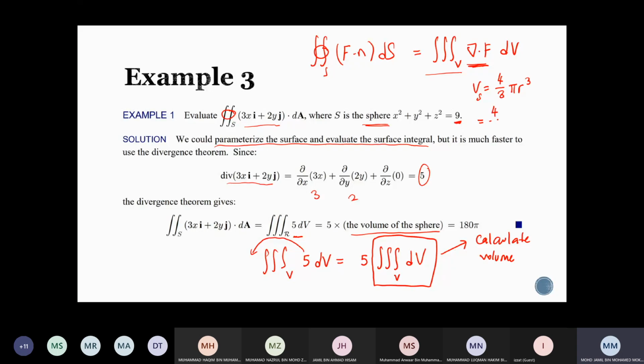So you get 4/3 pi radius cubed. Sorry, radius to the power of 3. So you get 36 pi, and then times 5, you get 180 pi. So this is one example of how to use the divergence theorem.